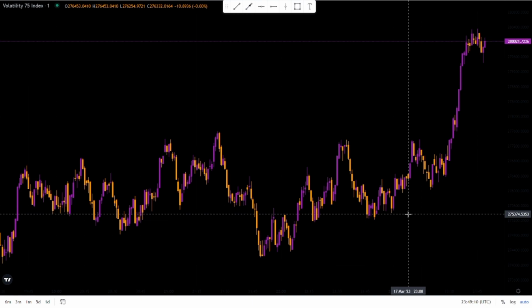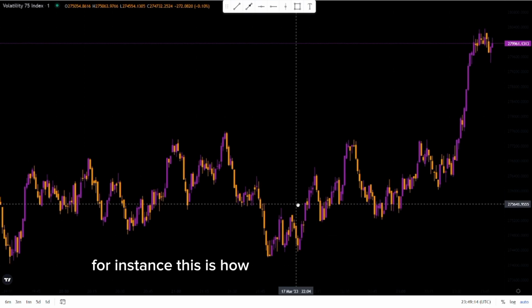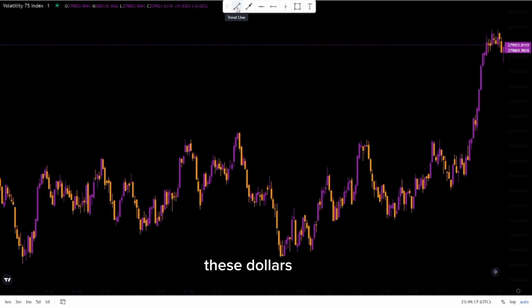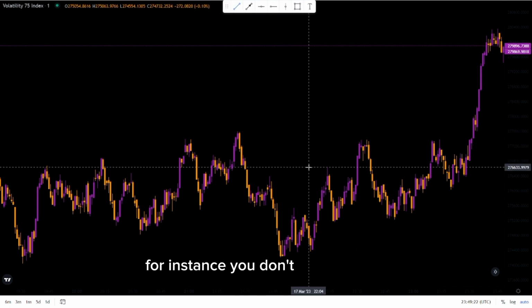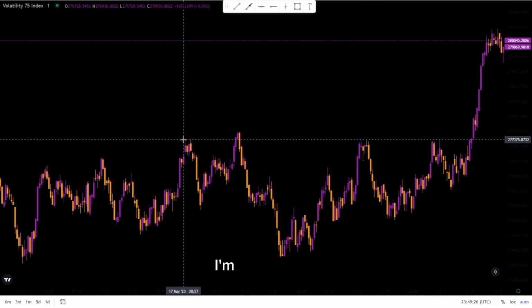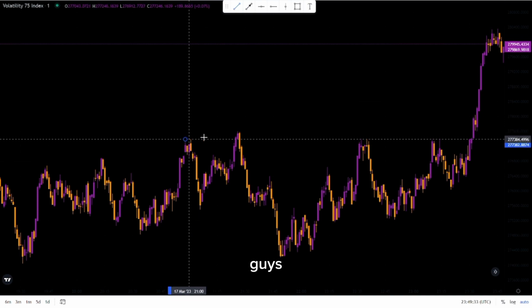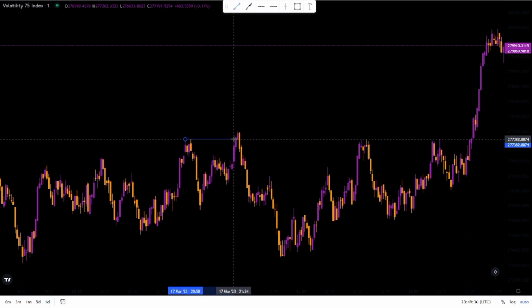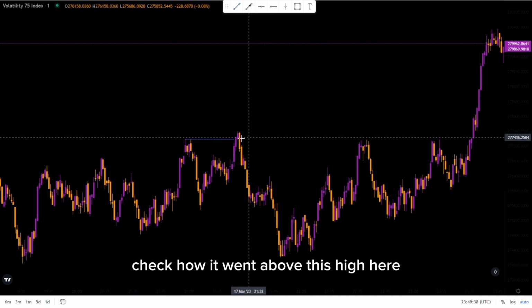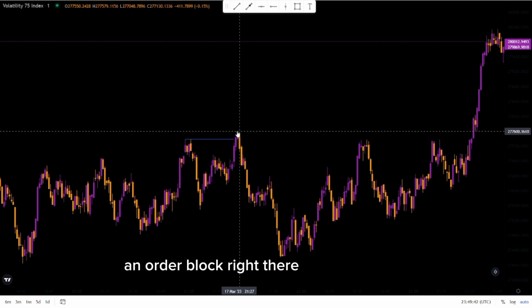There we go. So for instance, this is how you're going to make these dollars. You don't look at much, but just follow the analysis I'm trying to do. Check how it went above this high here, and then created an order block right there, confirmed.